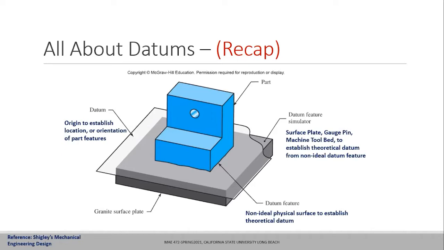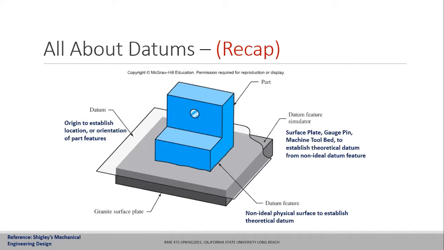Now, by referencing that feature as a datum, what we mean is that we are going to place the bracket on a feature simulator, which can be a flat surface plate, a highly polished surface. It can be a gauge pin or a machine tool bed on which we are placing the part, and the top of the surface plate is simulating the datum of the feature.